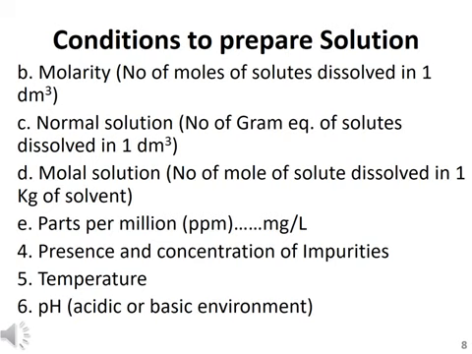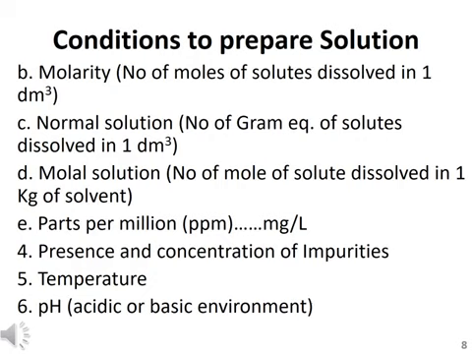In normal solution, we will be dealing with two kinds of information. Number one, the number of gram equivalents of the solute, and the volume of the solution. And the third expression of the concentration is the molality. Molality is the number of moles of solute dissolved in 1 kg of the solvent.